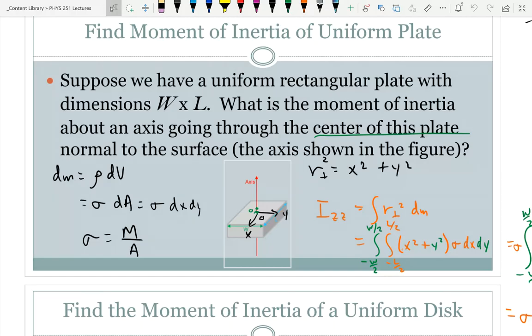It's IZZ because it's a tensor, right? It has two subscripts, one for alpha and one for torque if you're going to be doing the torque equals I alpha equation. It's the one that relates torque in the z direction to angular acceleration in the z direction. That's why I have the IZZ there.